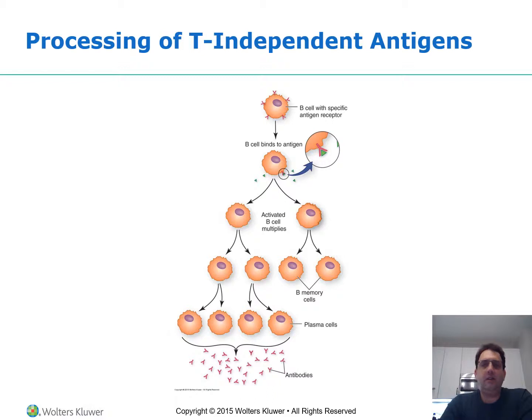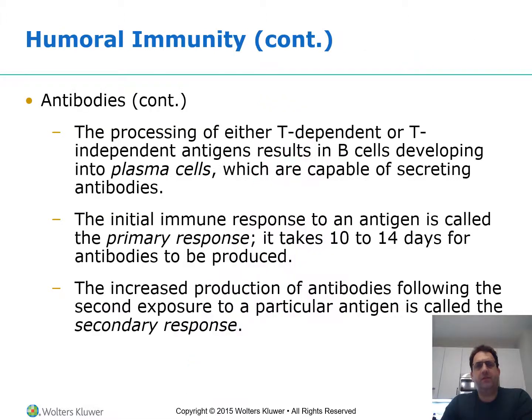And then we'll make a handful of B memory cells, things that will remember what this looked like. So the next time your body comes into contact with this, you can make a much more efficient response. So the processing of either the T-dependent or independent antigens results in B cells becoming plasma cells, which make antibodies.